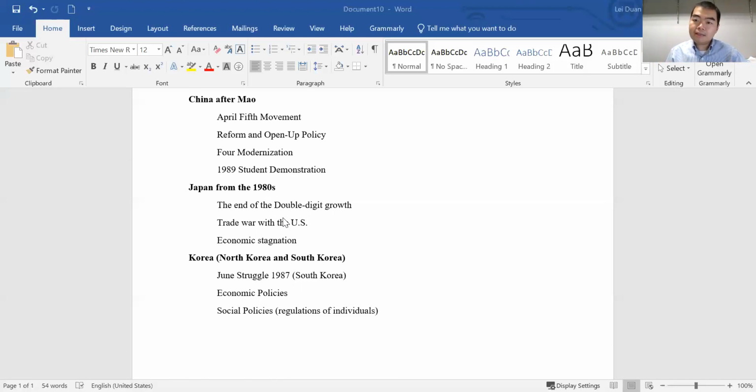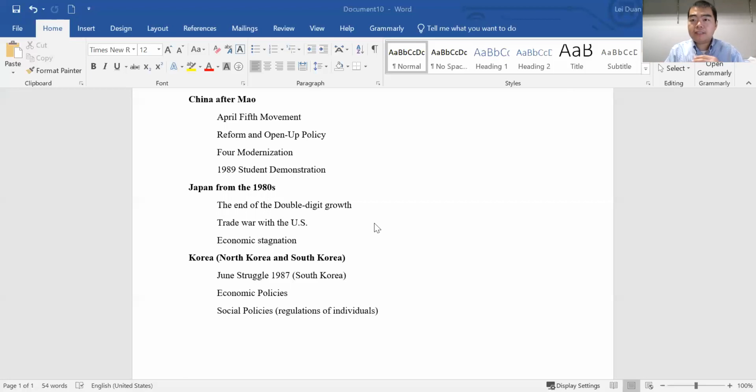And in the 1980s, we see a lot of inflation in Japan, right? And there's a trade war between Japan and the US because of the fixed exchange rate, because of the currency rate, and we see a lot of influx of US dollars to Japan, right?